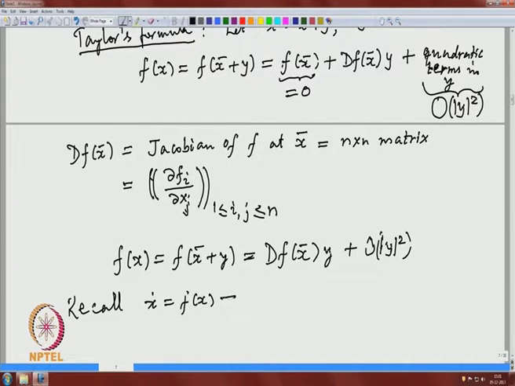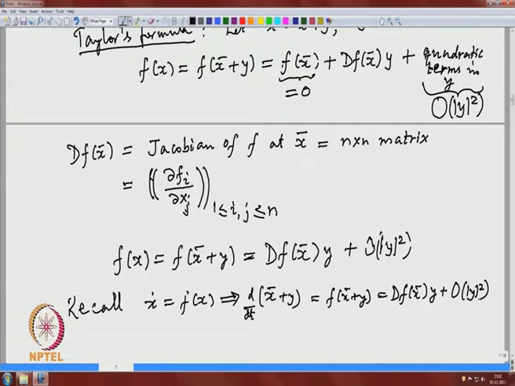So, this implies y dot, that is d by dt of x bar plus y, is equal to the expansion. Okay, that is fine.